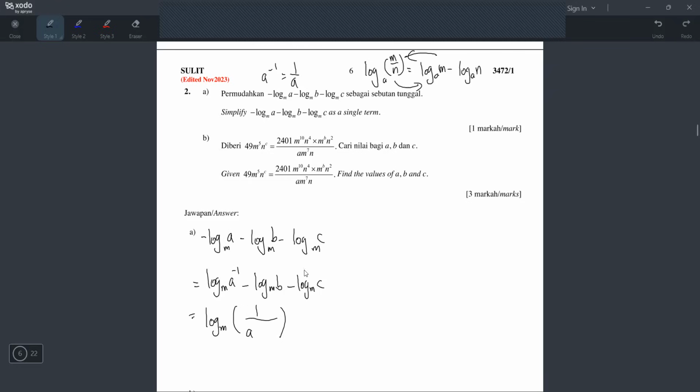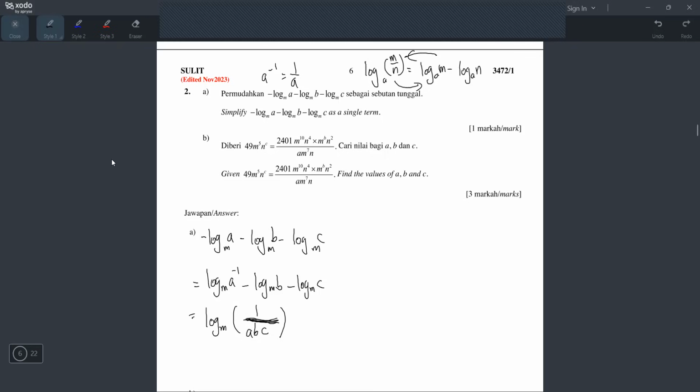Because plus means it becomes multiply, and multiply means write on top of the fraction line. But if it's minus, it becomes divide, and when it's divide, we write at the bottom. So can you tell me, b should be on top or bottom? Bottom, because it's minus. What about C? Also at the bottom because it's minus. Separate log minus, single log divide, and divide has to be written at the bottom. So this is your final answer.